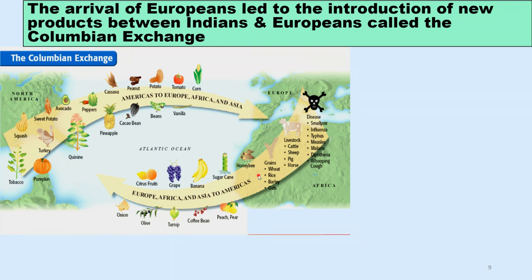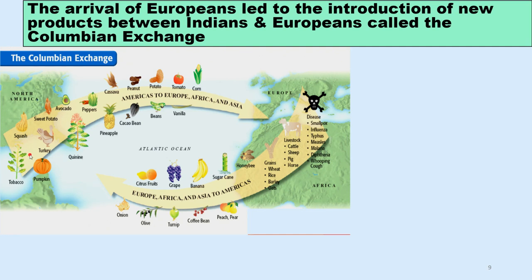Then you have a lot of grains like wheat and rice and barley that were not grown in the New World. They existed in the Old World and were brought over to the New World. And different animals, cattle, sheep, pigs, and horses, did not exist in the Americas before Europeans brought them over.